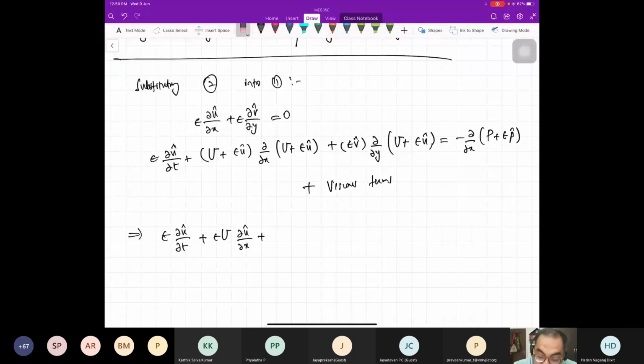That will be 0 because capital U is a function of y alone. And I have epsilon square u hat del u hat by del x. Is that all that I have here? This is 0.